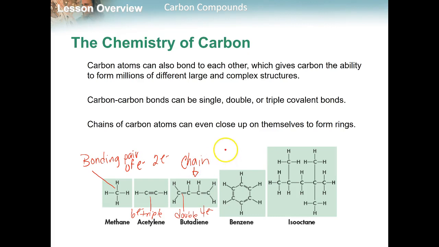They could form a ring structure like you see here, and this would be considered a single ring structure, or they can form compounds that branch, and this is branching. So we've got these big, huge, complex compounds that can form as a result of carbon being the backbone, and these make up what we know as macromolecules.